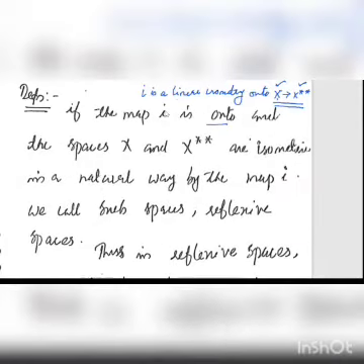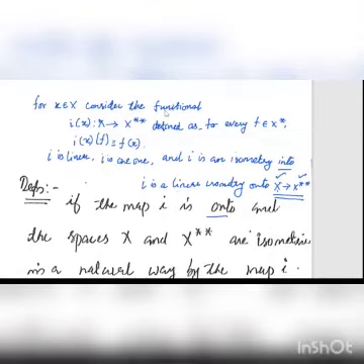Can you follow the definition of reflexive spaces? First, we have the space X and X double star. Now you define Ix from X to X double star as, for every f belongs to X star, Ix of f is equal to f of x.